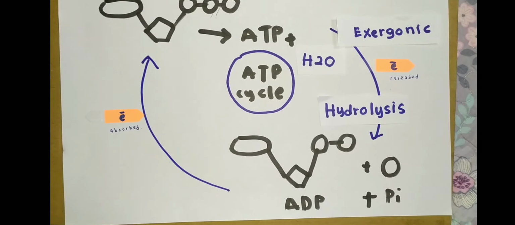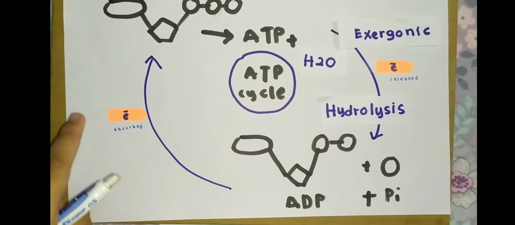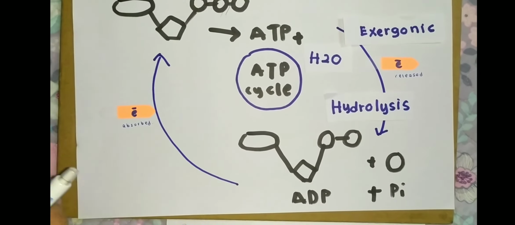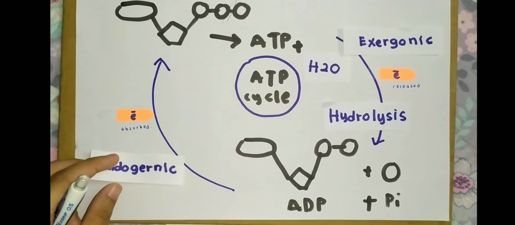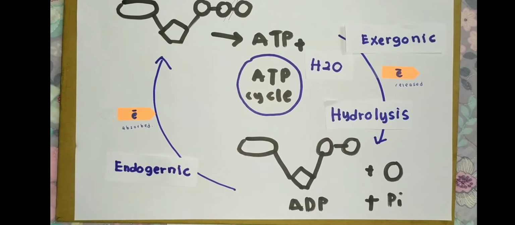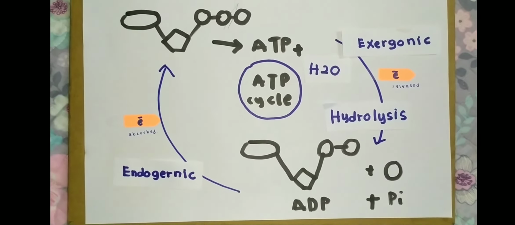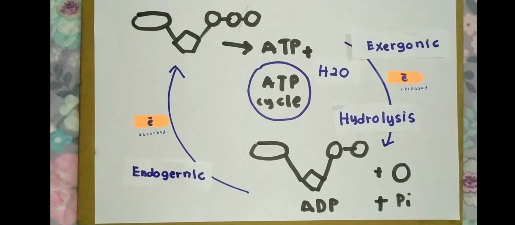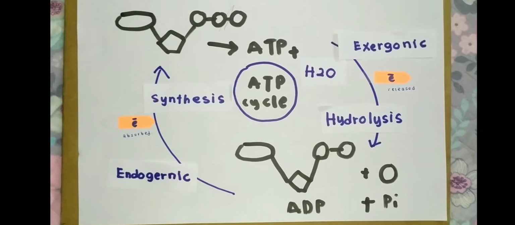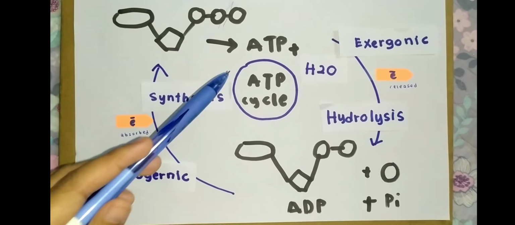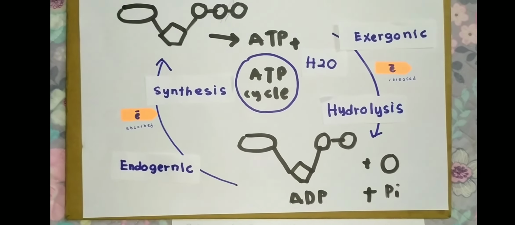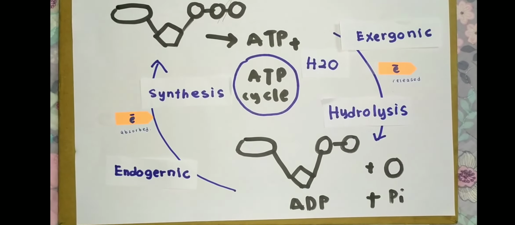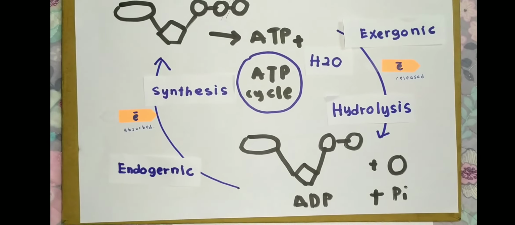This synthesis requires energy, so the energy is absorbed from the surroundings, which leads to an endergonic reaction. This is because the synthesis needs energy to form ATP. These cycles are really important to ensure the continuous production of energy for our body.